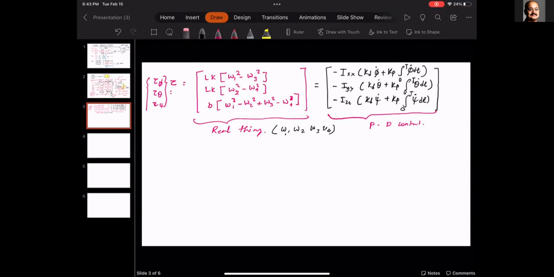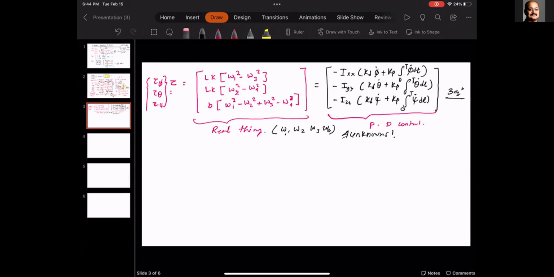But the control logic that we have used only has 3 equations. So there are 3 equations, 4 unknowns. The unknowns are omega 1, omega 2, omega 3, and omega 4. So we can't solve this.